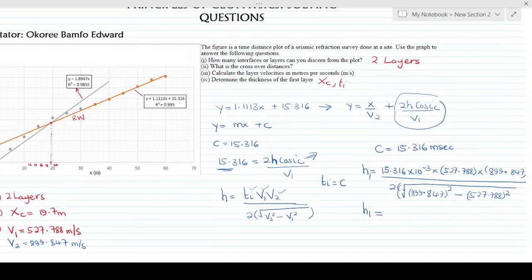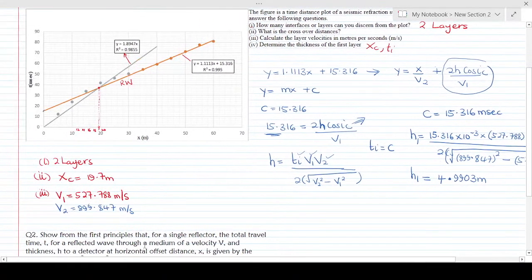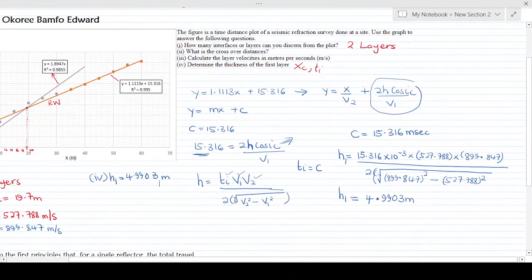That will give us our height of 4.9903 meters. That is the thickness of the first layer using the time intercept. So let me write it here: using the time intercept we have 4.9903 meters.